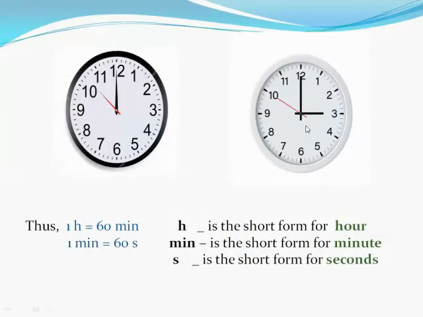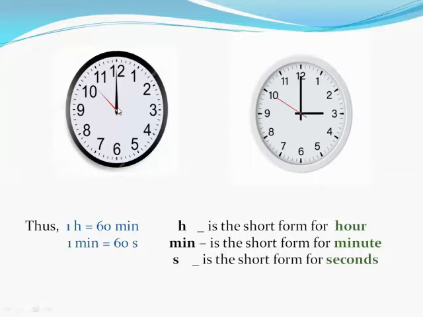Now suppose both the hour hand and the minute hand are at the top of the clock face in the first clock. See here, both the hands are on the 12 mark, as shown in the left side clock.